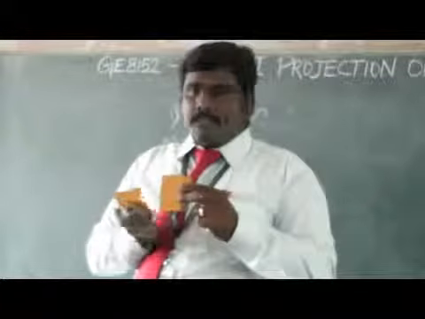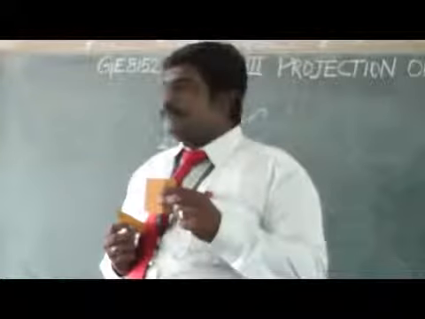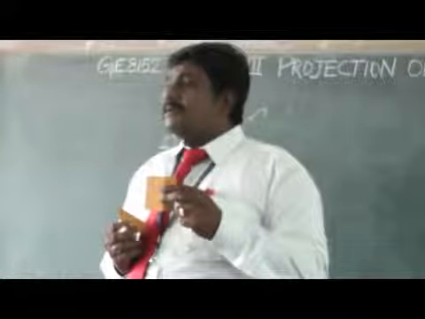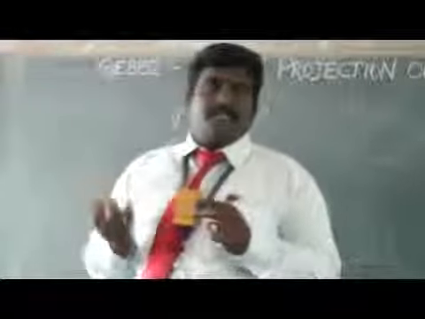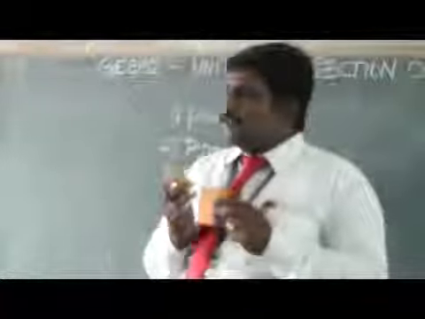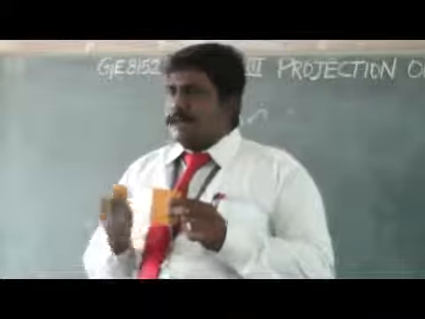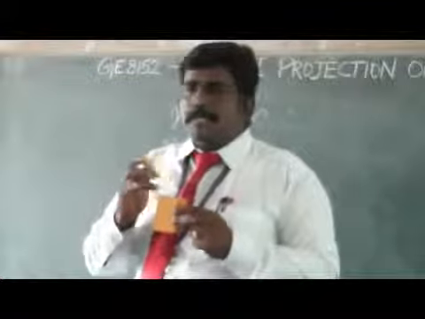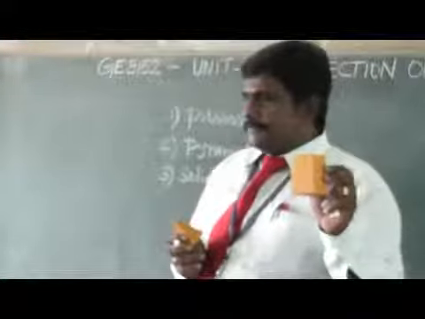So 2 bases, 8 corners, and how many faces are there? Four faces. 1, 2, 3, 4. The lateral surfaces are said to be faces, right? So two bases, four faces, and 8 corners. So this is the nomenclature of a square prism.